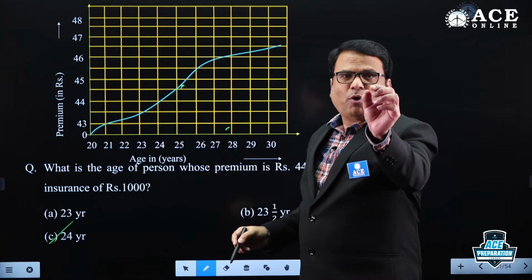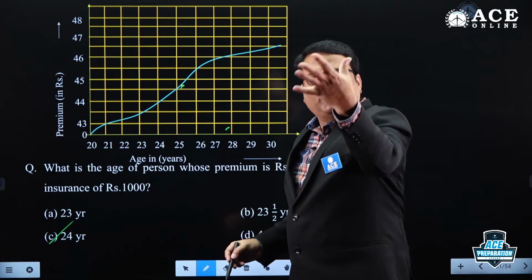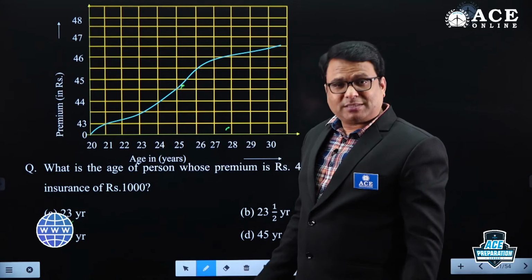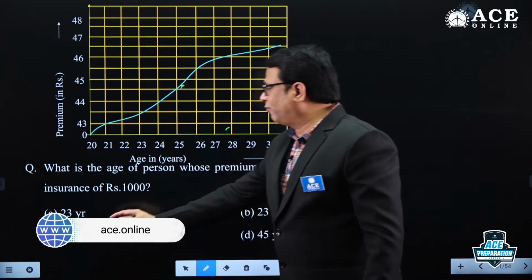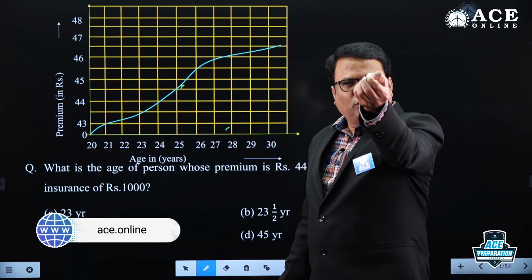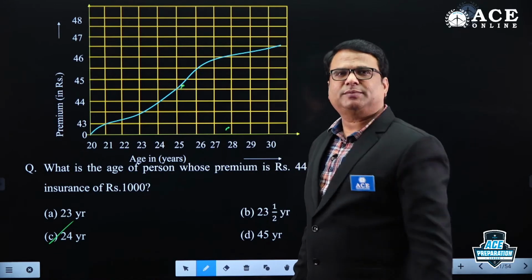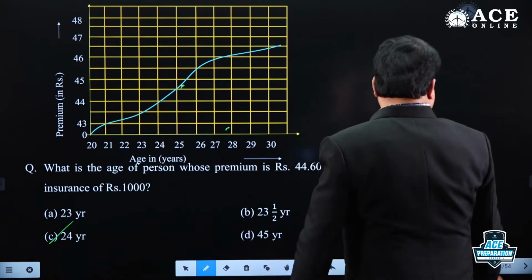So 44.6 will be the premium for a person who is slightly more than 25 years. But as that is not given, I go for 24 years. Otherwise, the actual answer is slightly more than 25 years, that means 25 years 2 months, 25 years 3 months. It's like that. Okay. Then the next question.